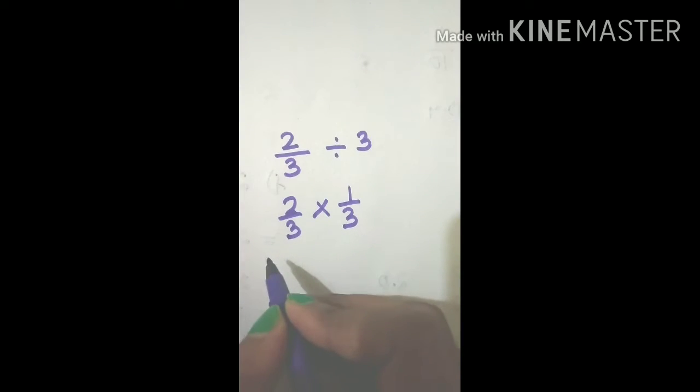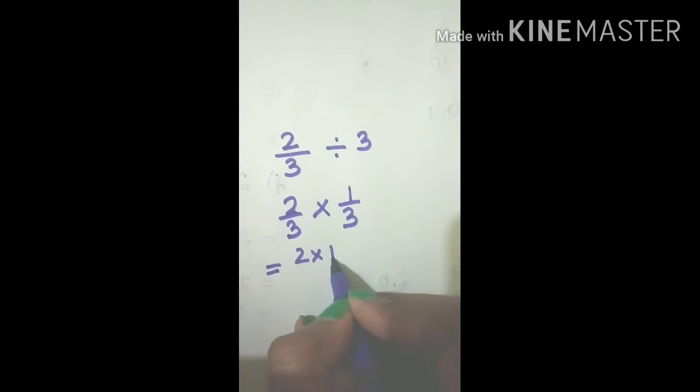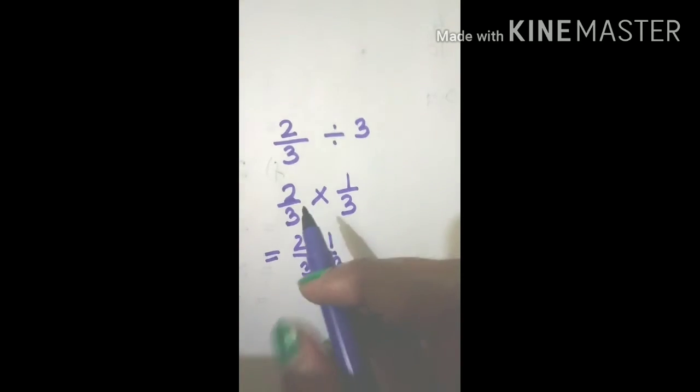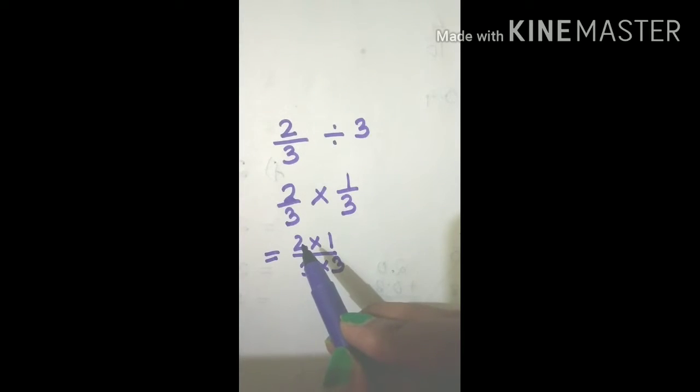Now we will write 2 multiplied by 1 divided by 3 multiplied by 3. Now since there is no common factor between the numerators and the denominators, what we will do is, we will just multiply the numerator 2 with the numerator 1 and we will multiply the denominator 3 with the denominator 3.